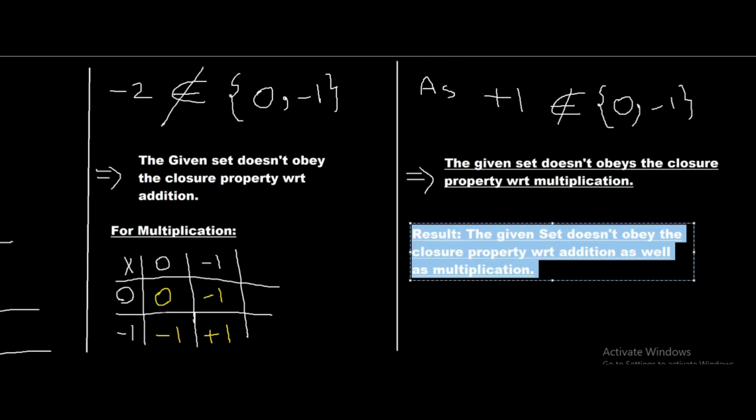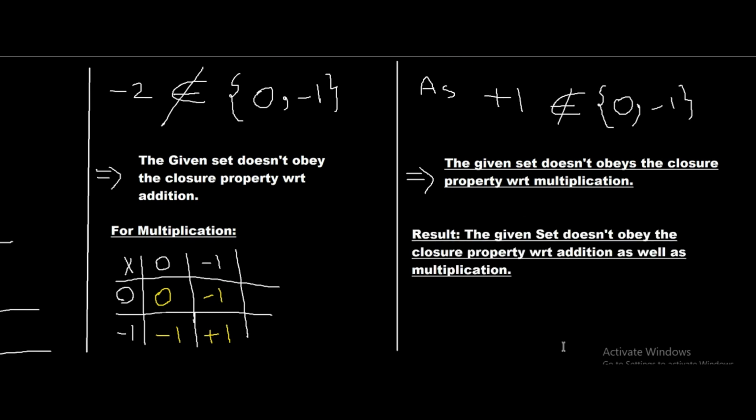The given set doesn't obey, or is not obeying, the closure property with respect to addition as well as multiplication. This is the final answer.